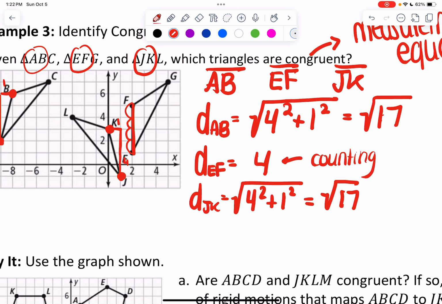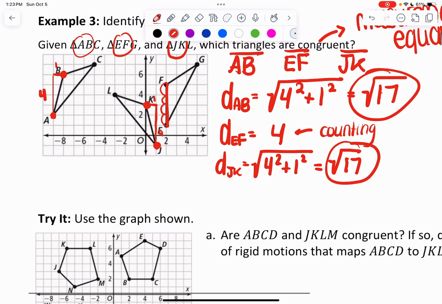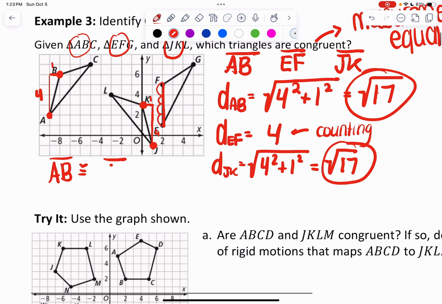So now looking at that, I know that this and that are equal. So in other words, I've just confirmed that AB, this is kind of like a mini proof, is congruent to JK. So what I can say is that triangle ABC is congruent to JKL.